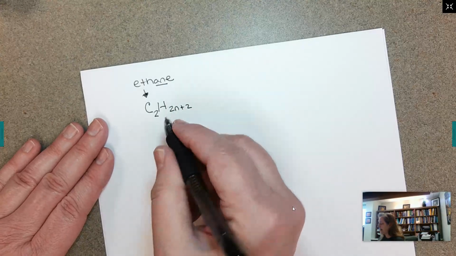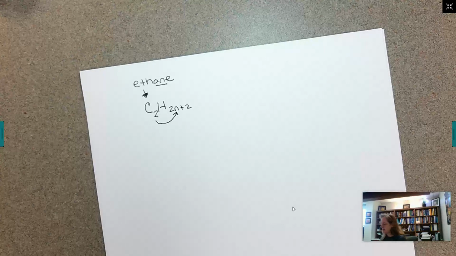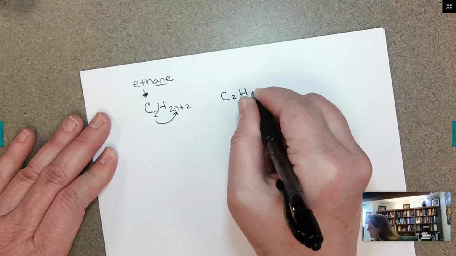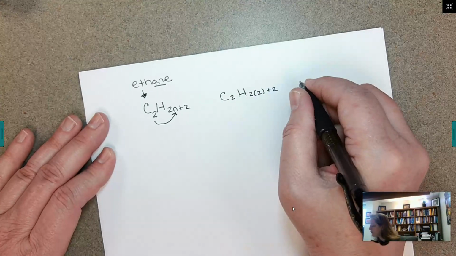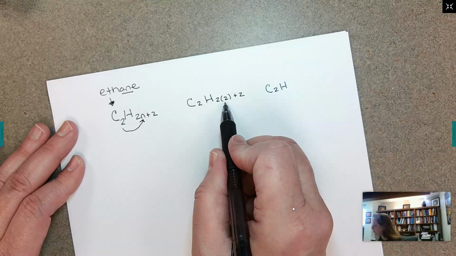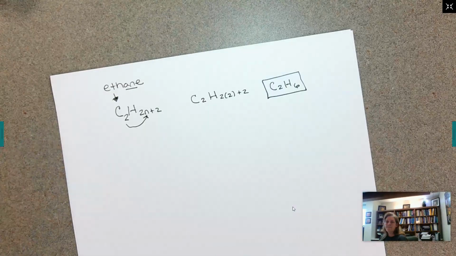So if I let the 2 stand in for where the N is, then my carbons are going to be 2. My hydrogens are going to be 2 times 2 plus 2. So my formula is going to be C2H, 2 plus 2 is 4, plus 2 is 6. This is the formula for ethane. It is that standard. Okay, we're going to do that for all of them.